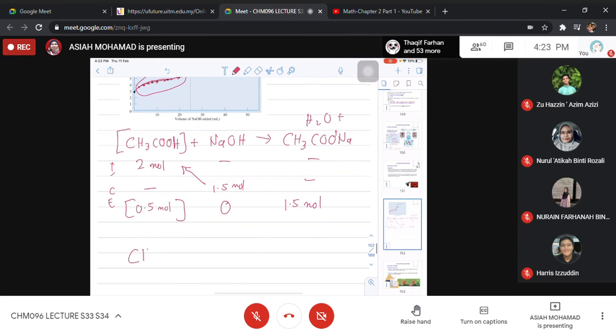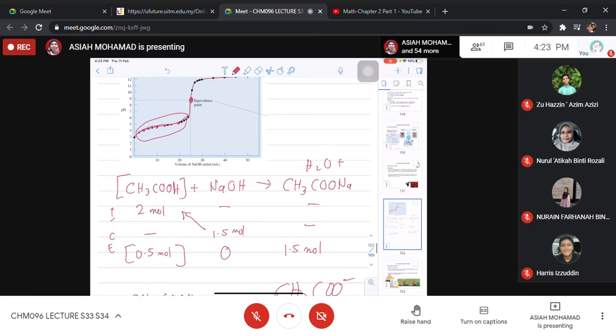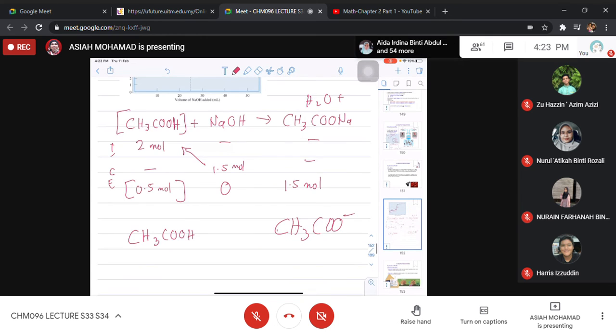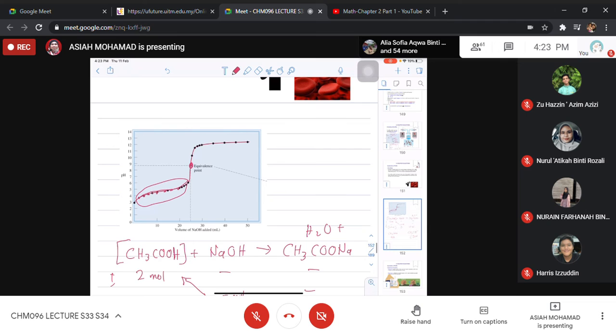In this case the weak acid is CH3COOH, and the conjugate from the salt is CH3COO minus. Sorry, it is minus. So at any point of the reaction where the weak acid and its conjugate base from the salt exist, that is the buffer region.